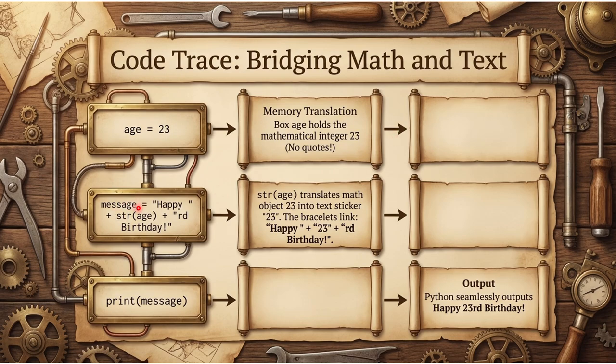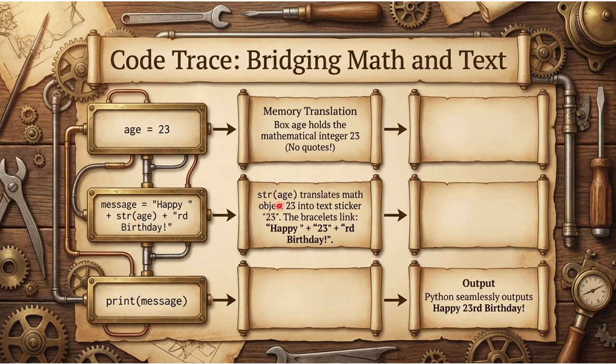Now we wrote message is equal to happy plus string of age plus rd birthday. Why is string of age needed? Because if you try to concatenate a text, a string, with a number directly, it will throw you an error. So you have to typecast it, convert the number to a string.